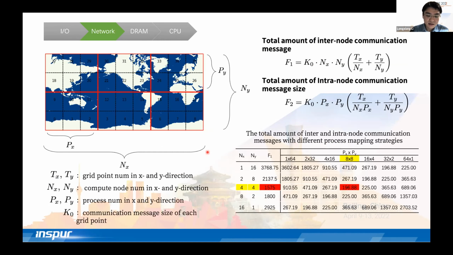In order to analyze the communication data size, we can calculate the total amount of internode and intranode data size by these two formulas.